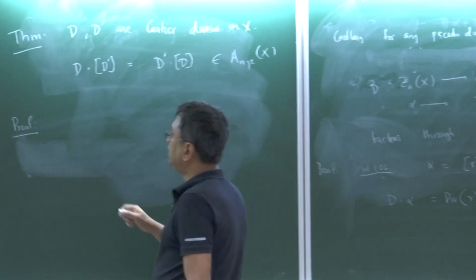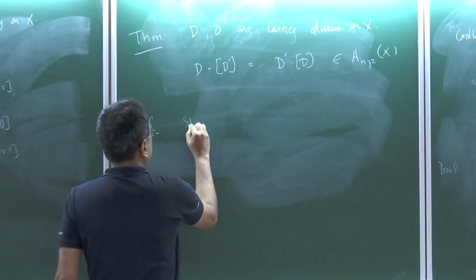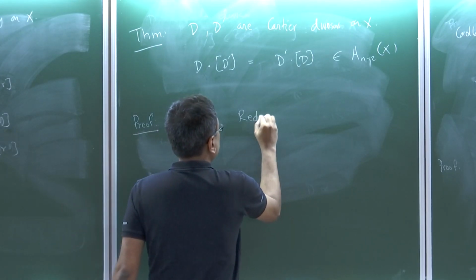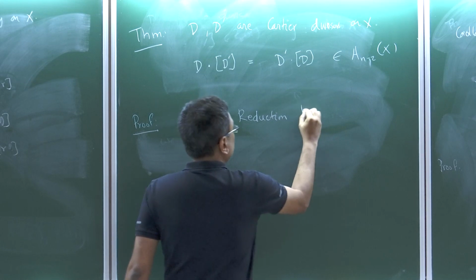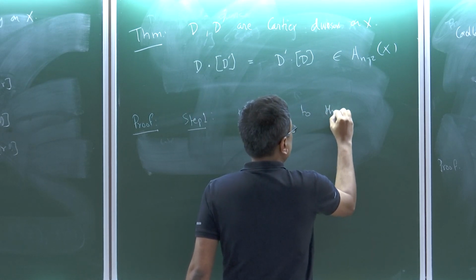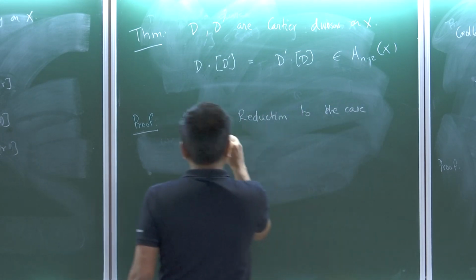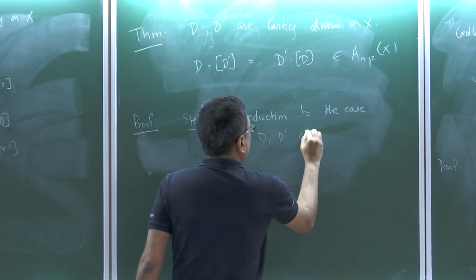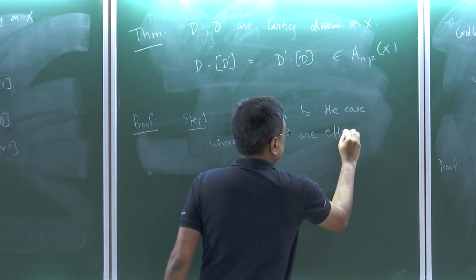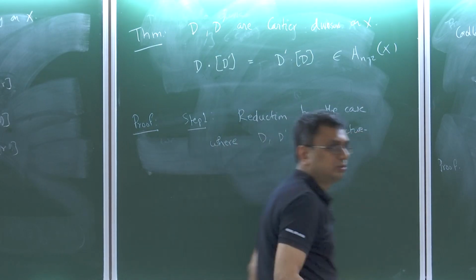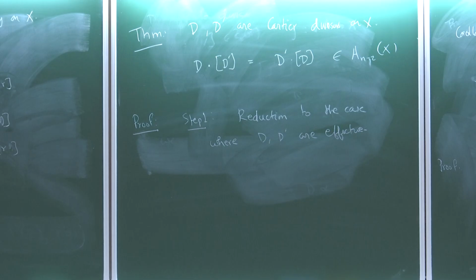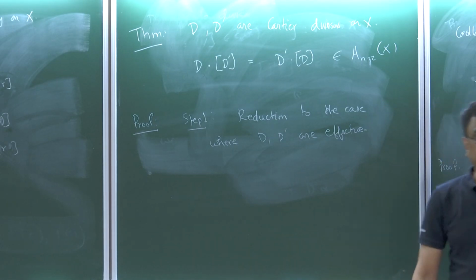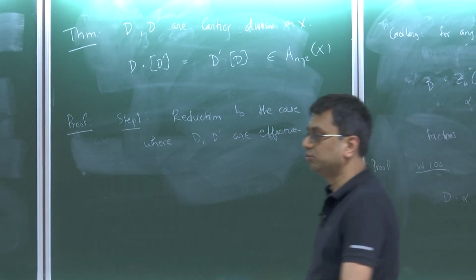So step 1 is a reduction to the case where D and D prime are effective Cartier divisors. Let's first reduce it to this case.